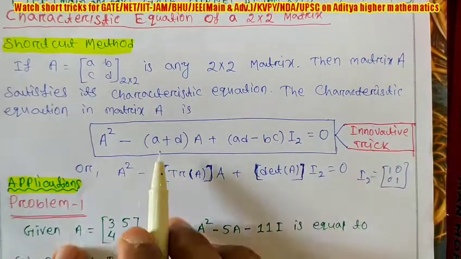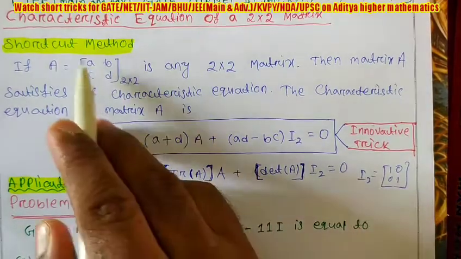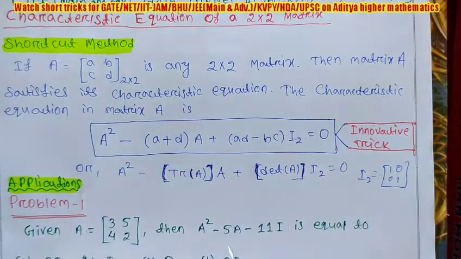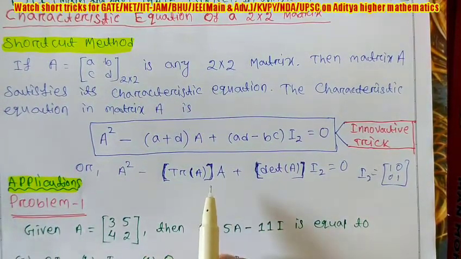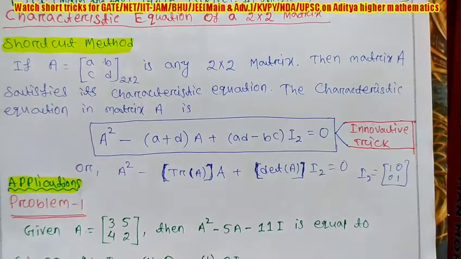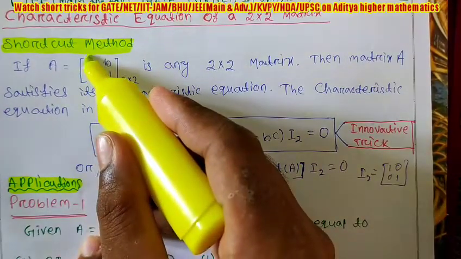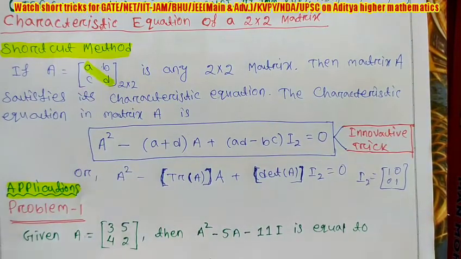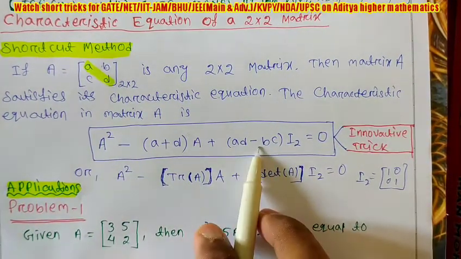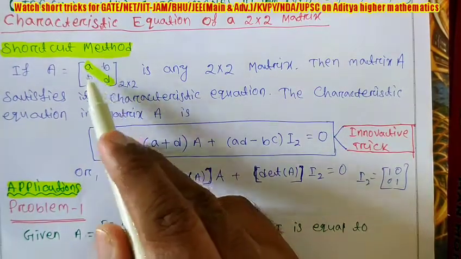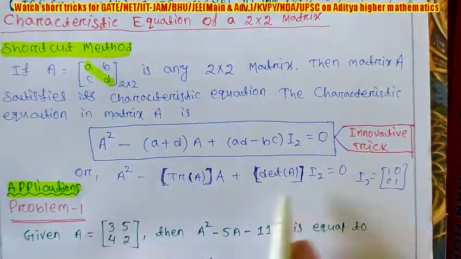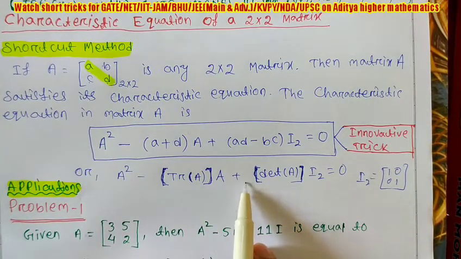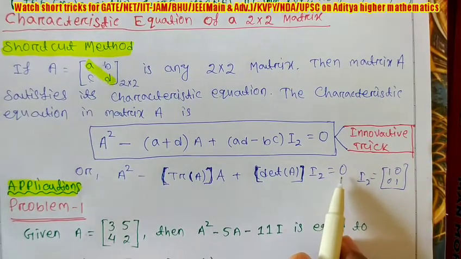In other words, you can say like this also. a plus d means sum of diagonal elements. That sum of diagonals is called trace of A, you know this. And ad minus bc is a multiplied by d minus bc, which is determinant of A. Or simply you can say like this: A square minus trace of A multiplied by A plus determinant of A multiplied by I2 equal to 0.